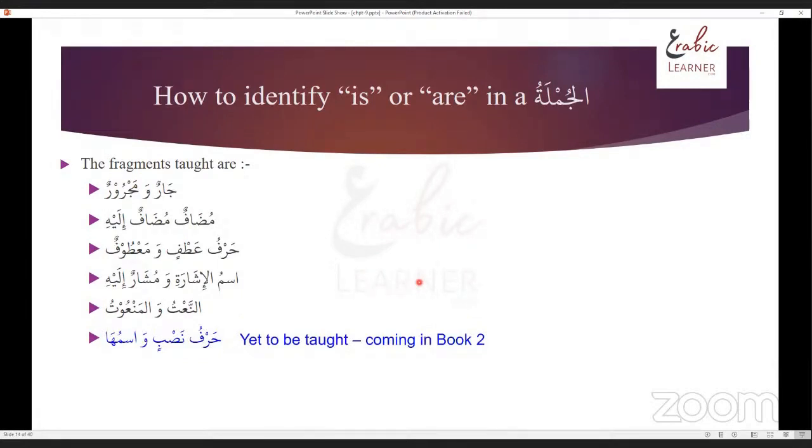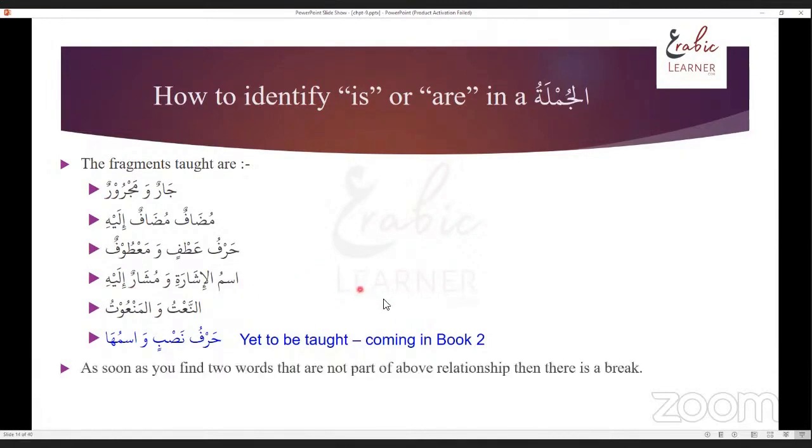So these are the Murakkiba Naqisa. The last one you will learn in the second book. Now, why am I mentioning this here? I told you the topic is how to identify where in a sentence I should insert is or are. And this is necessary to know.